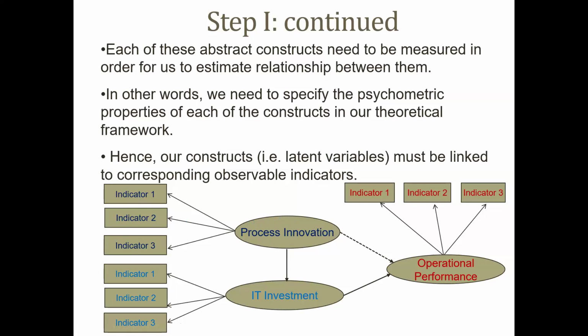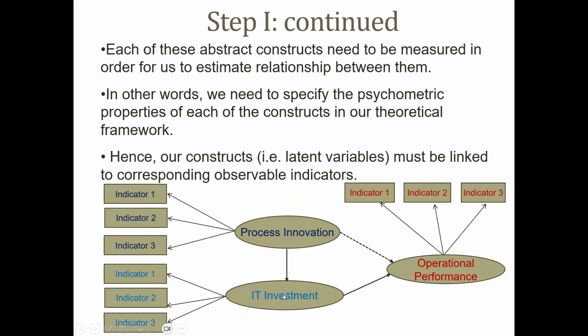Now, how it manifests in the real world is in several ways, and those several ways are the characteristics or the key observable features, which we are calling indicators: indicator 1, 2, 3, and more, depending on how we end up defining process innovation.